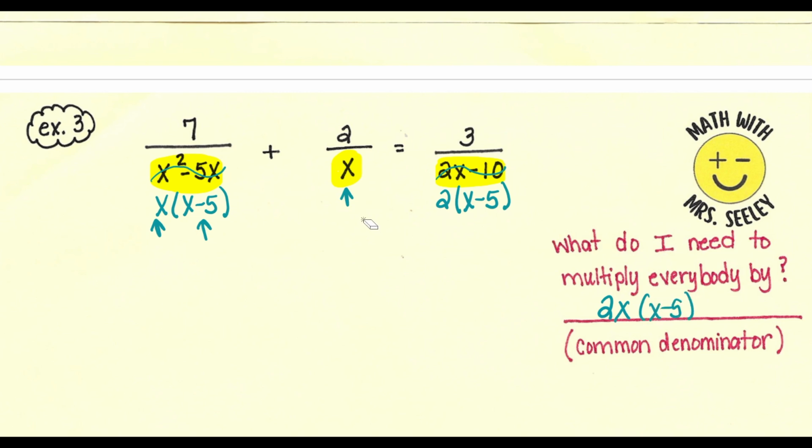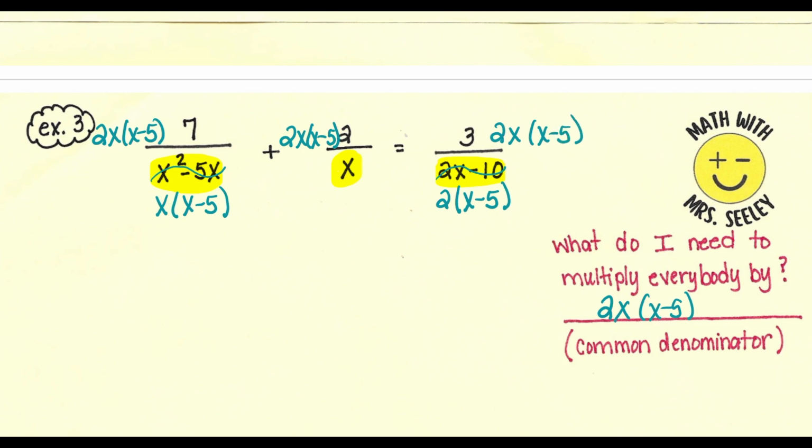So I'm going to multiply every term by a 2x and an x minus 5: a 2, an x, and an x minus 5.